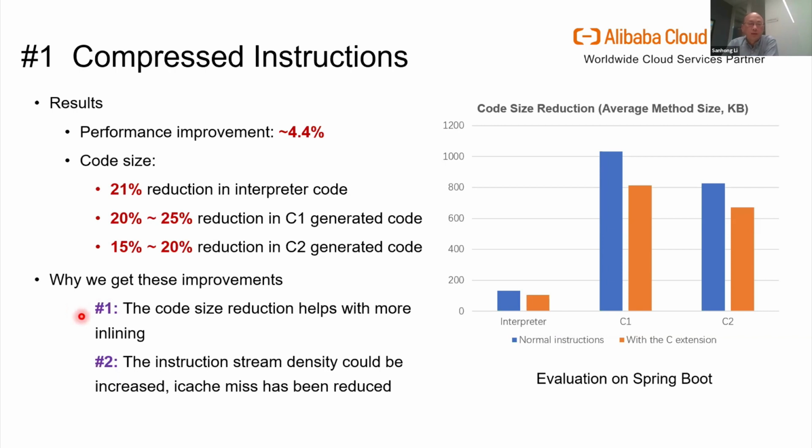The second is that the small code size benefits the I-cache. So we guess that when we enable this optimization, the I-cache misses are reduced, and so the performance can be improved.